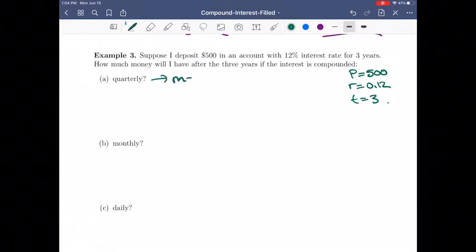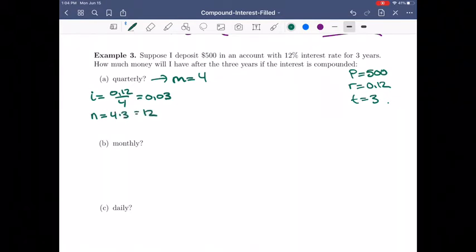Quarterly means that m is 4, so 4 times per year. That's going to mean that my i is 0.12 over 4, which is 0.03, and my n is 4 times 3, which is 12. So here my A value is going to be 500 times 1 plus 0.03, so 1.03 to the power 12.